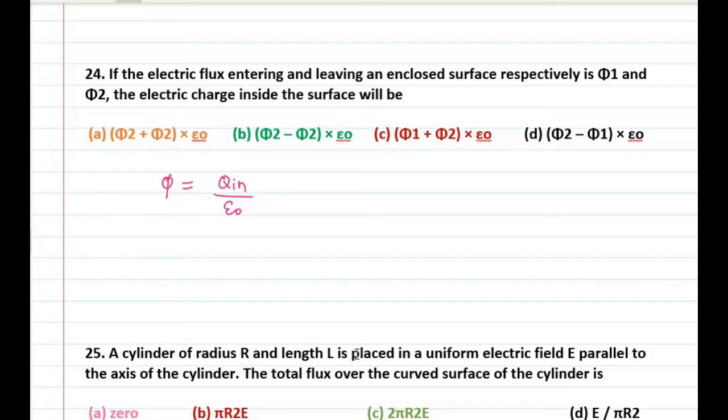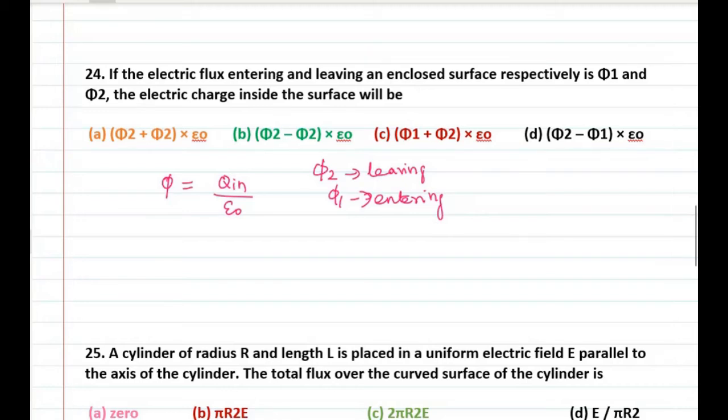So phi 2 is leaving and phi 1 is entering. Now we have to find the total charge enclosed.